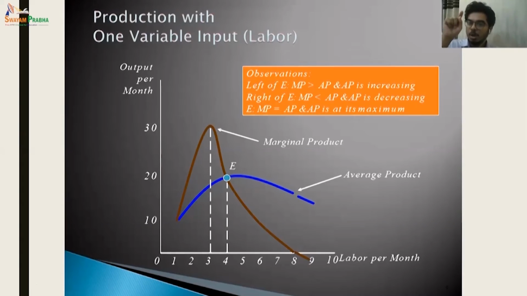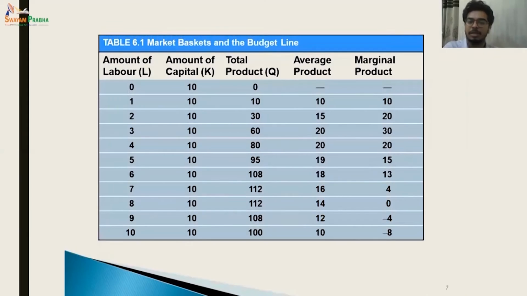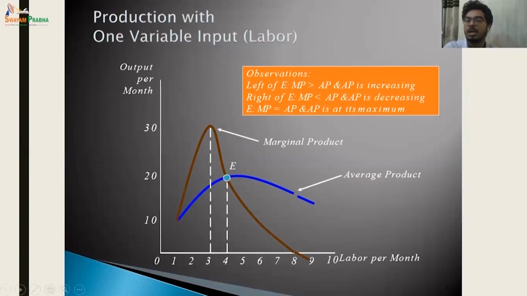At the maximum point of average product, the marginal product intersects the average product, and at that point, marginal product equals average product. On this point 4, where average product is maximum at 20, marginal product intersects the average product, 20, 20, and both are equal to each other.